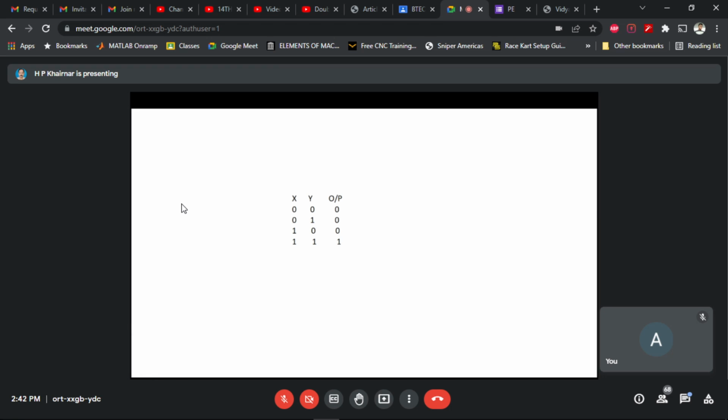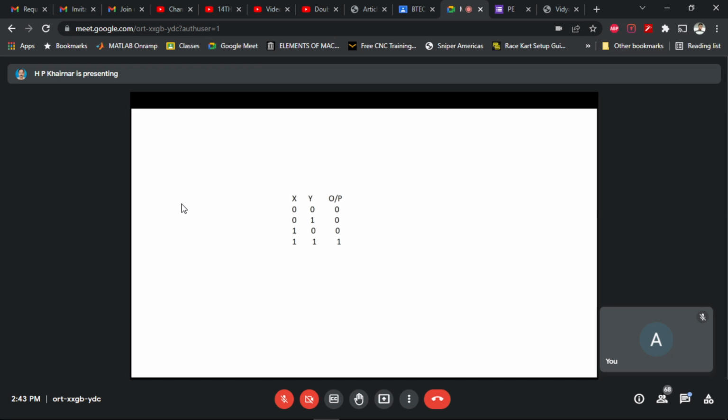But suppose X is 0, meaning one valve is off, and Y is 1. Then in that case also you will not get the output, because you have connected in such a fashion that you will not get the output. Again, suppose X is 1, that is X is giving input, and Y is 0, still you are not getting the output.